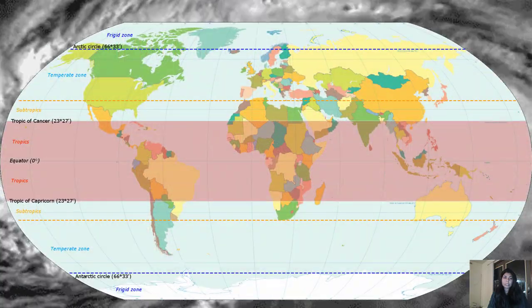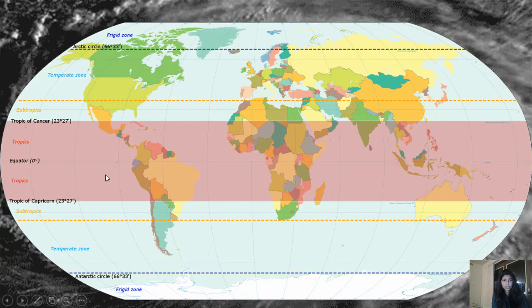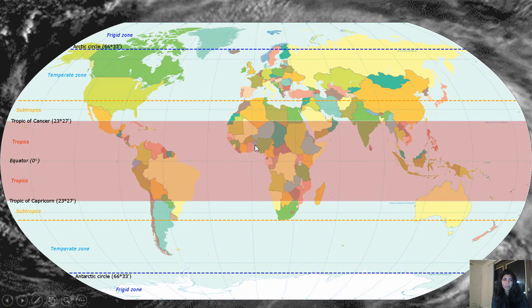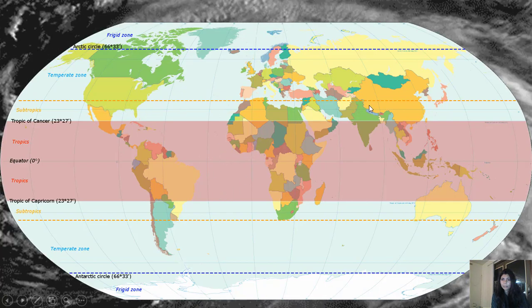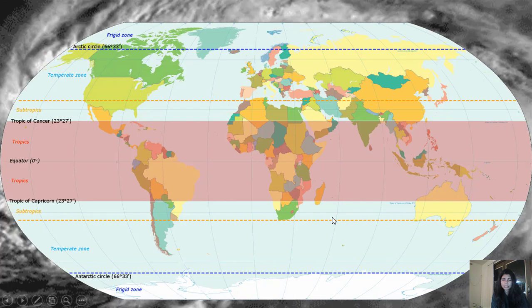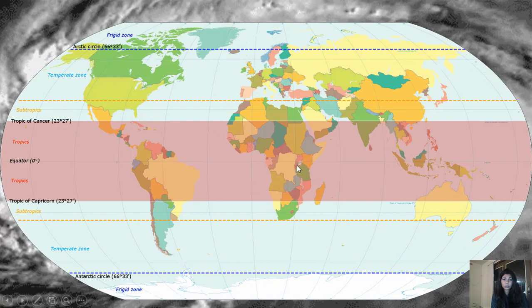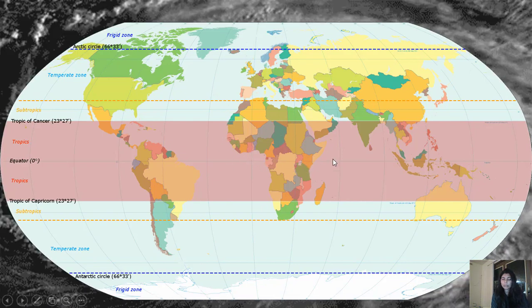Now, you can see here the area around the equator, which is highlighted as pink, is the tropical area, and this dotted yellow line on both sides represents the subtropics. So these phenomena can be seen in tropical and subtropical regions.